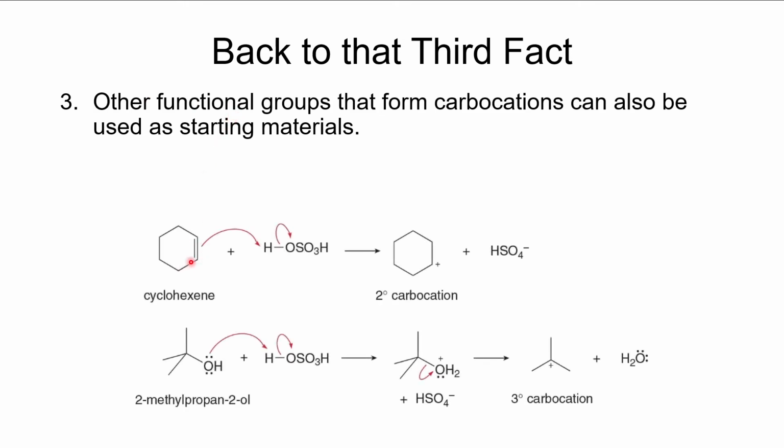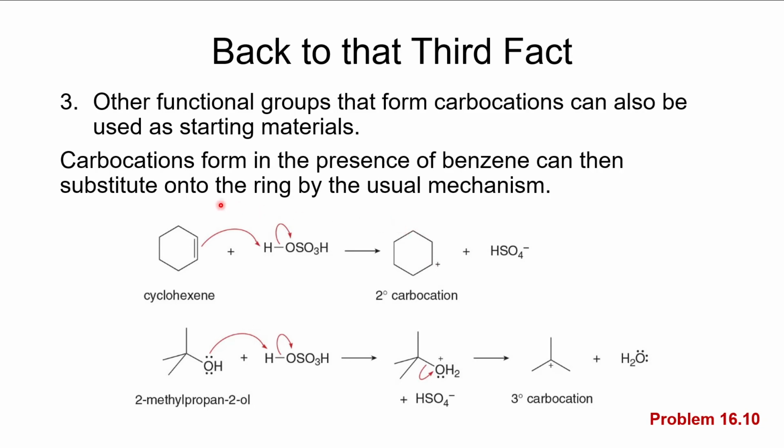For example, we know that if we take cyclohexene and treat it with sulfuric acid, we can form this secondary carbocation. Because HSO4- is not a good nucleophile, in fact, it's a very poor nucleophile, it's not going to come in and react with that secondary carbocation, and so this is free to react. So we can do alkylation with this, Friedel-Crafts alkylation with it.